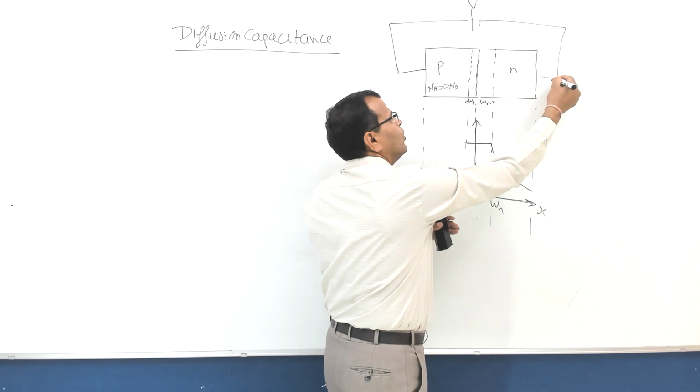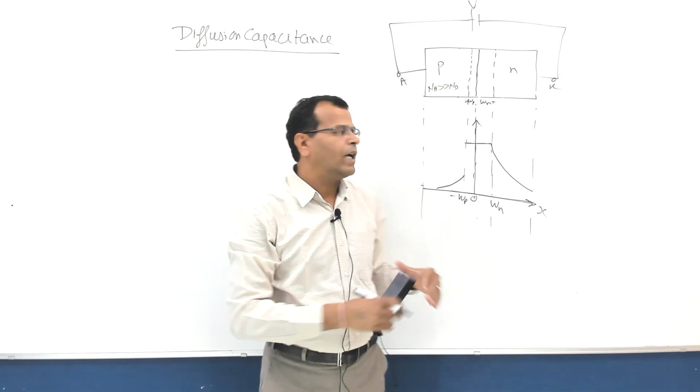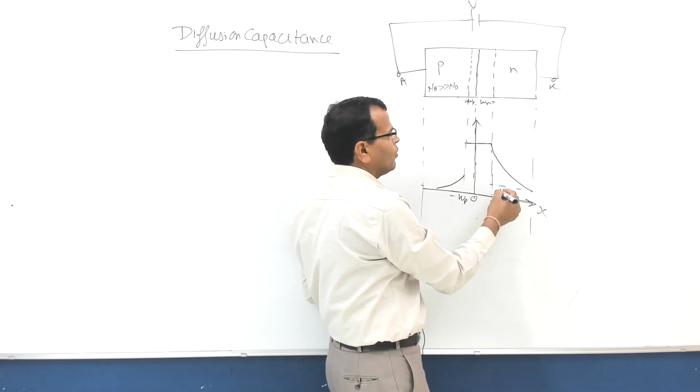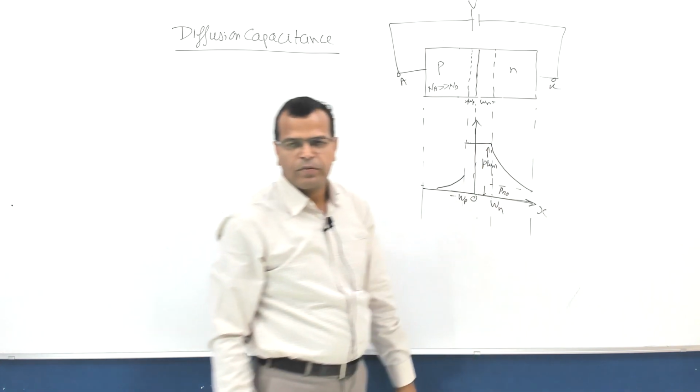This is called the cathode, this is called the anode terminal. So their concentration will decrease, and finally at the far end it will become equal to Pn naught. Here it is maybe Pwn, that is the concentration of holes at this point. Fine.